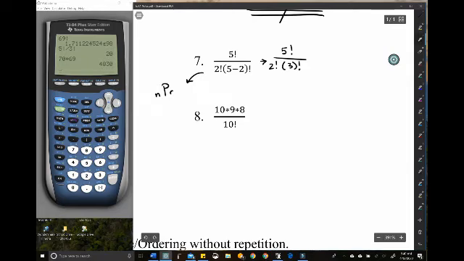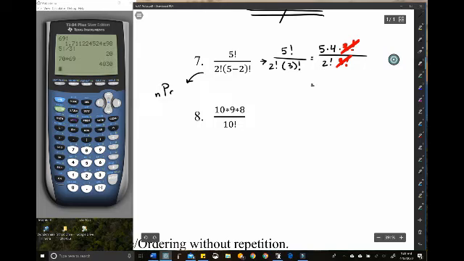Okay, you can type it in your calculator at any point. You can also notice this would be 5 times 4 times 3 factorial all over 2 times 3. Something that happens is, the 3 factorials can cancel.